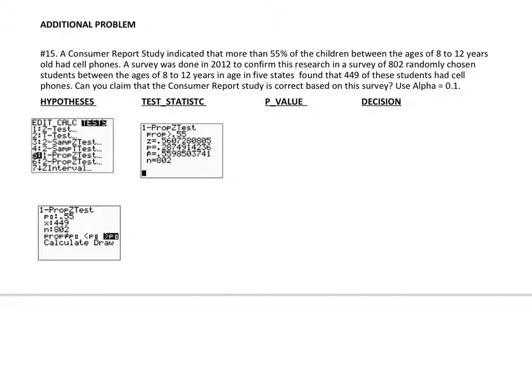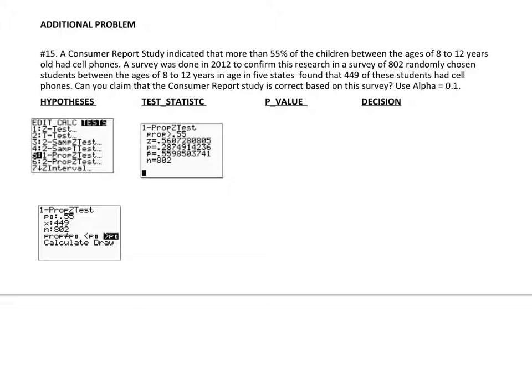Well, this time we're going to use our calculator, but we're going to set up the hypothesis test first. We already know under finding the conditions of normality that indeed in this particular case n times p is going to be greater than 10, and n times 1 minus p is going to be greater than 10.